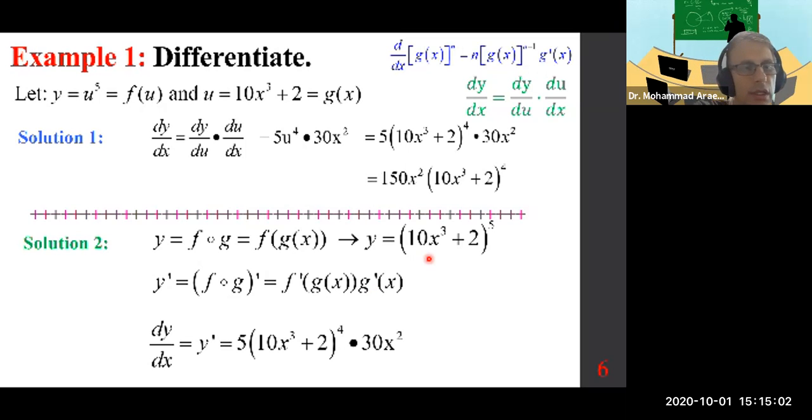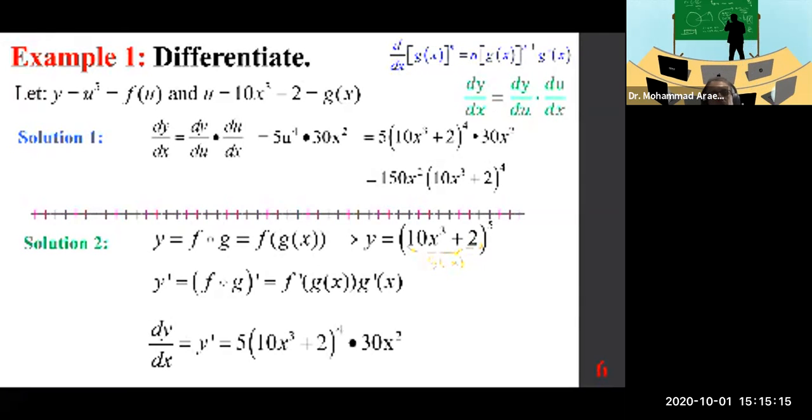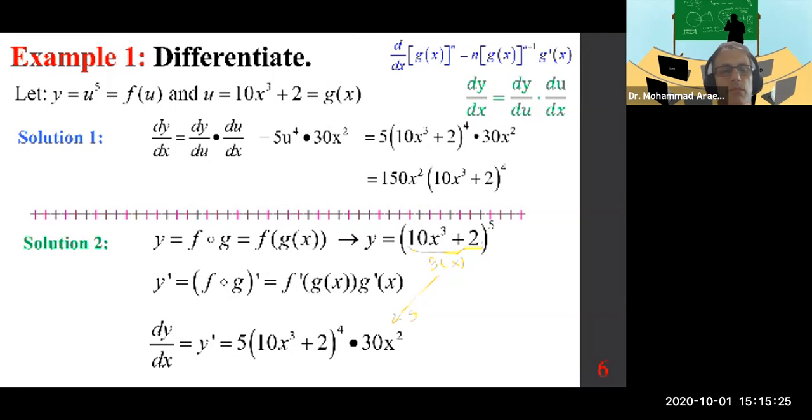It's important to realize this function is g of x, and that's giving rise to g prime. Now, if you rewrite it, you have the same answer as the previous part. Which one is easier? You make a decision, but more importantly, you gotta be comfortable with the concept, class.